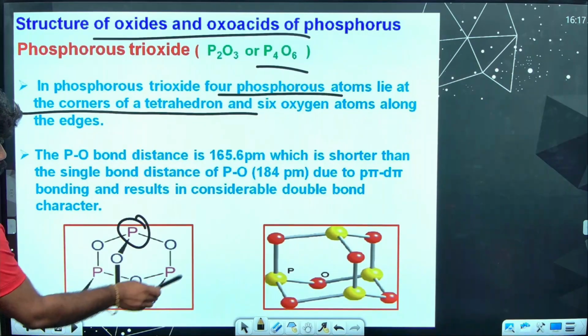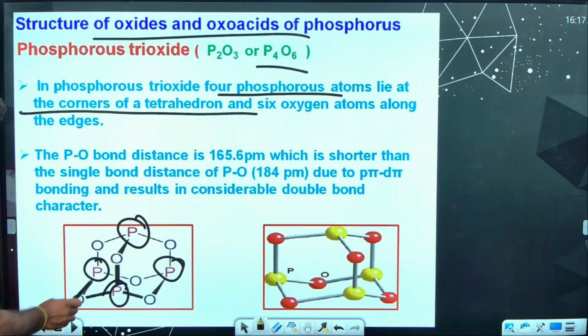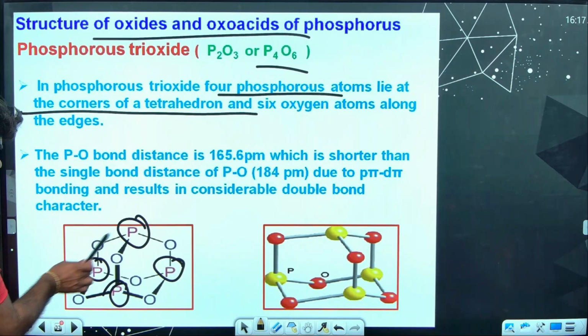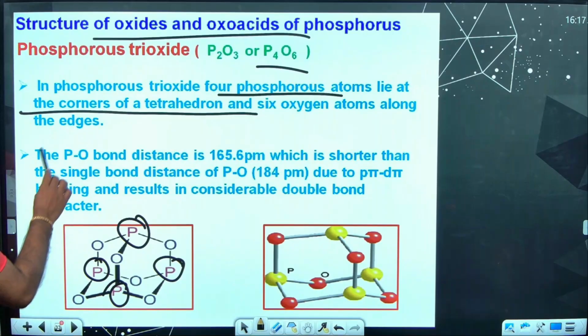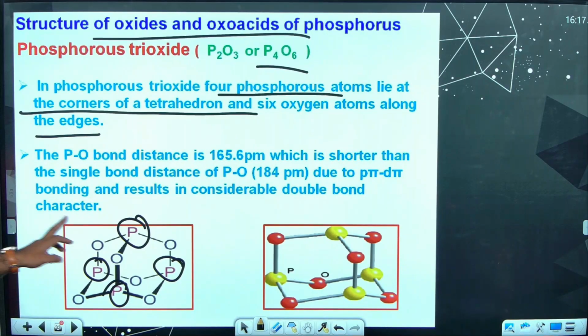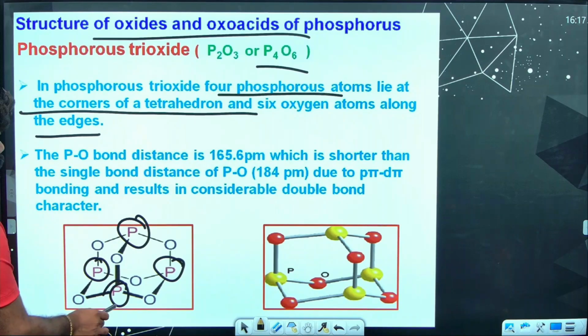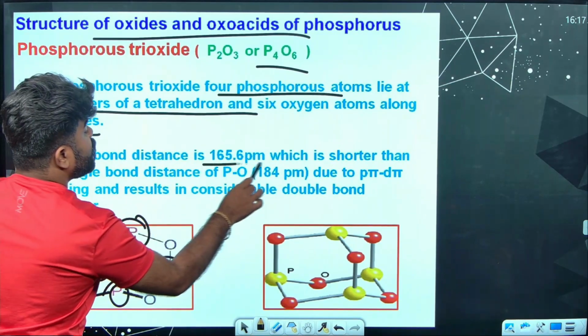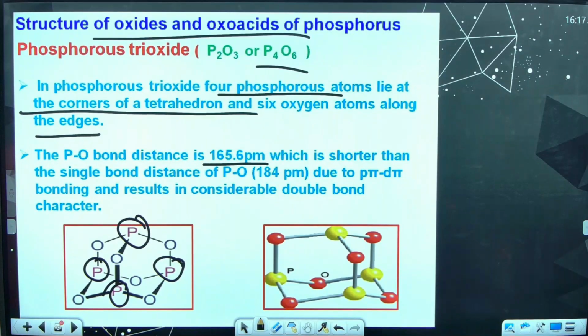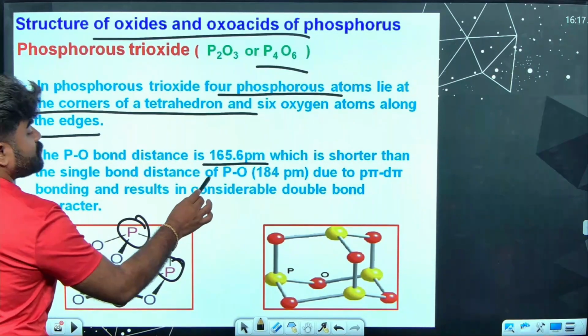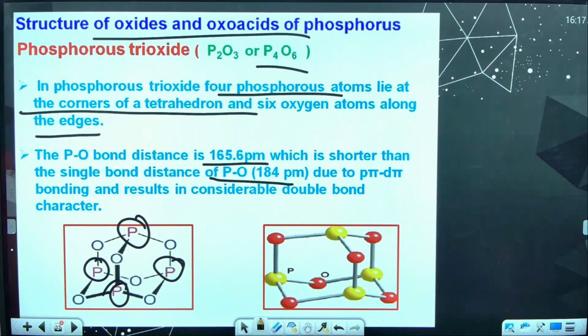You can see the 4 phosphorus lie at the corners of the tetrahedron with 6 oxygen atoms along the edges of the phosphorus bond. You have 6 oxygen atoms there and you see that the P-O distance is 165.6 picometer, which is shorter than the single bond distance of P-O, which is 184 picometers.